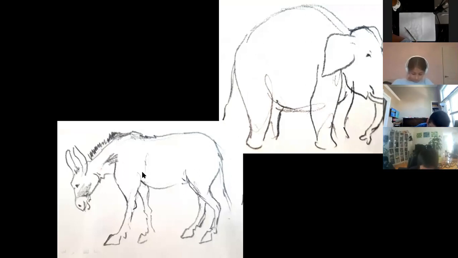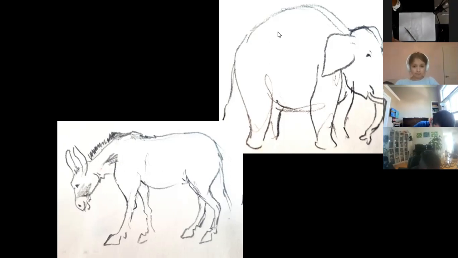And you see the donkey, make the face longer, make the neck longer, make the legs longer, thinner. And then we turn all the paws into hoofs because this is different. And make the tail thinner, no hair. All right. So this is our basic method of drawing birds and animals.